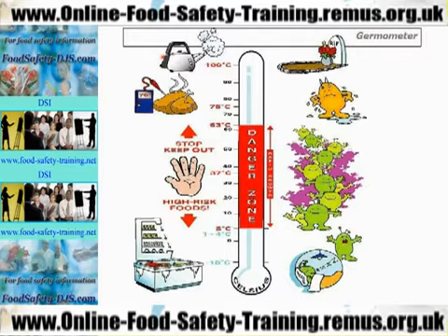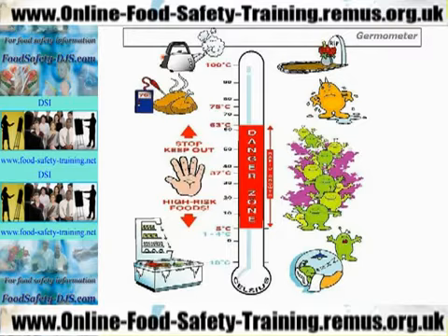That's between 5 and 63 degrees Celsius. This is where bacteria start to multiply, and this is where they cause a problem. So all food must be kept out of the temperature danger zone. If it's hot food, it must be served above 63 degrees Celsius. If it's cold food, it must be served below 5 degrees Celsius.